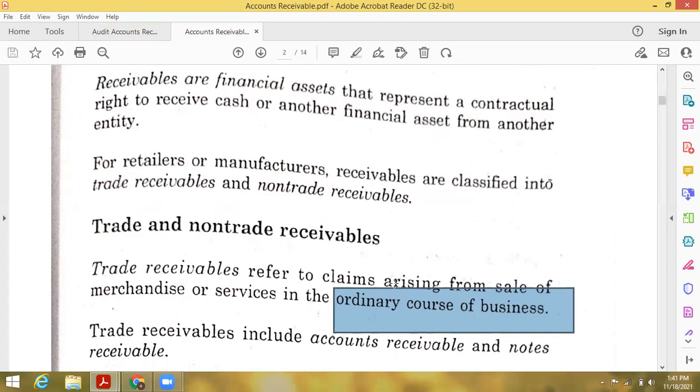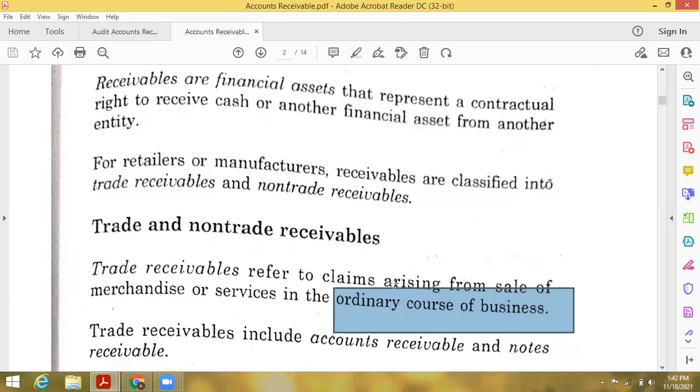Pag other than ordinary course of business, sabi natin, nangutang ng pera sa'yo, hindi naman ikaw lending company, di ba? Kung lending company ka na nangutang ng pera sa'yo, ordinary course of business mo yun.